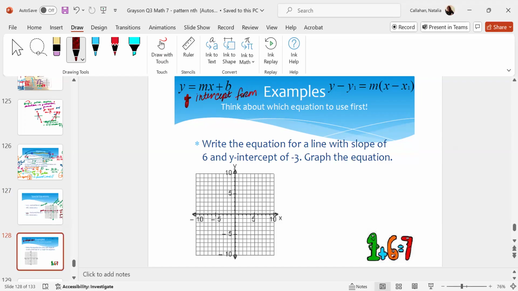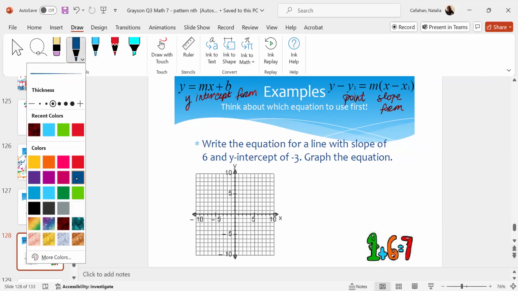This one is slope-intercept form. Or point-slope form. I'm sorry, hold on. Point-slope is the next one. You did mention this. That's right. We're gonna do both.